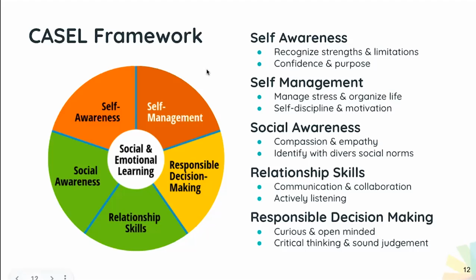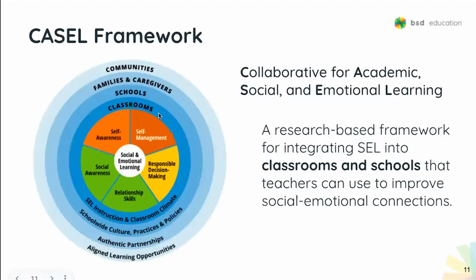And then the last one is being a responsible decision maker, being curious and open-minded. Doing that critical thinking, but making sure that you're making a sound judgment. Did you do enough research before making that decision? So, like I said, all these skills, if performed in the classroom, can actually benefit each of those rings.